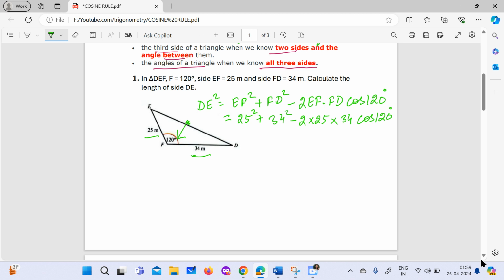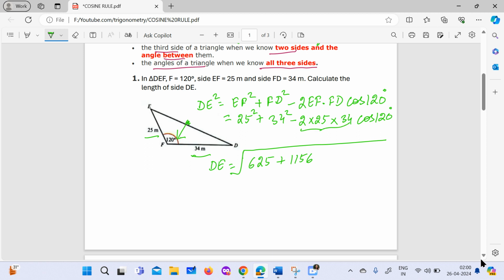Now what we can do is, either you can put all of these values directly in your calculator, or you can go step by step. So once you are good at using calculator, you can go directly inputting all the values. So we can write this thing as, see, this one will be 625, then this 34 square is 1156, and now you can put all these values in your calculator.